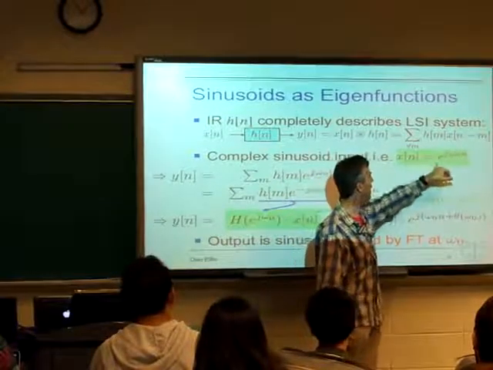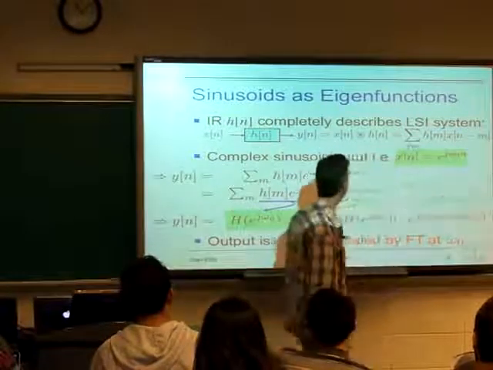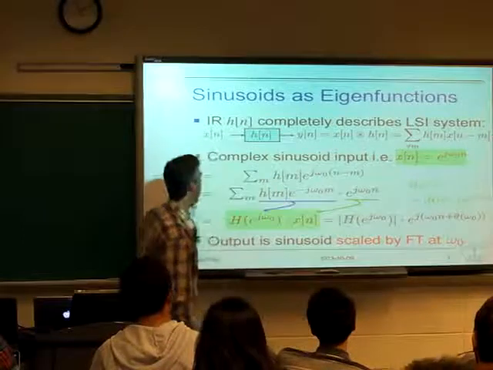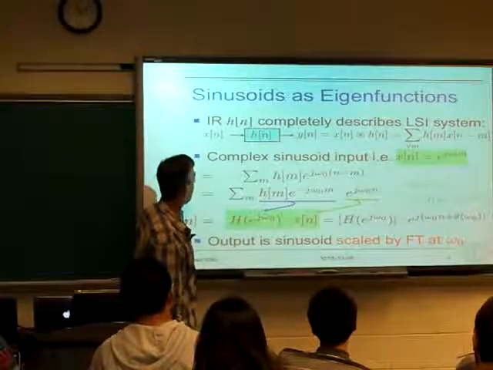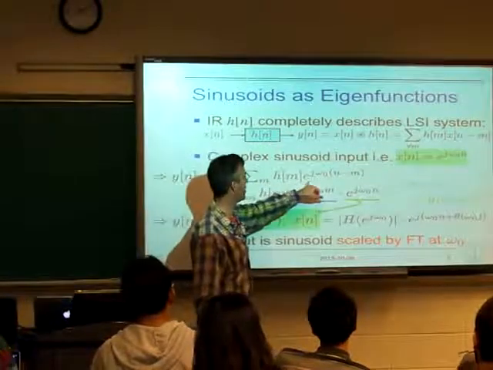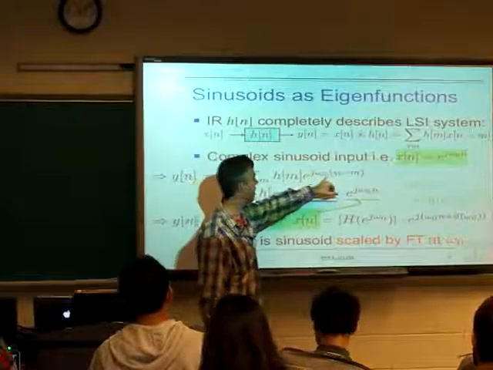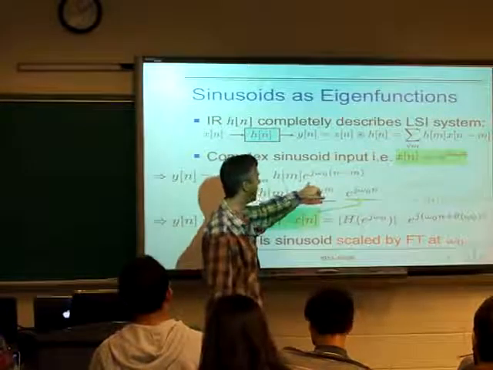So if x of n is equal to e to the j omega 0 n, so this is some specific constant value of omega, then y of n is simply that convolution. So here we write that down, but we substitute e to the j omega 0 (n minus m) for x of n minus m.